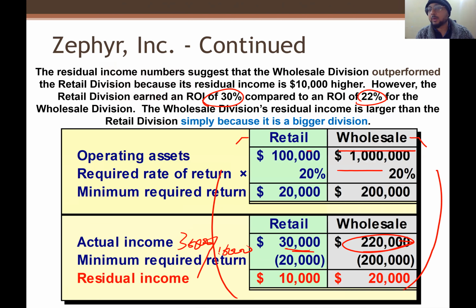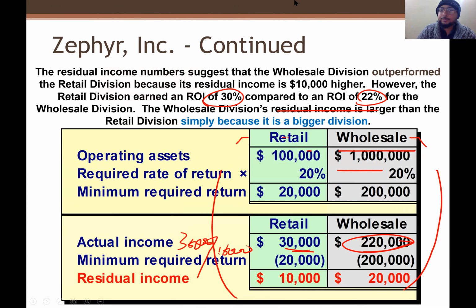But look at that here. What happened? In that case, we simply say that residual income is not applicable to departments that are not of comparable size, right?